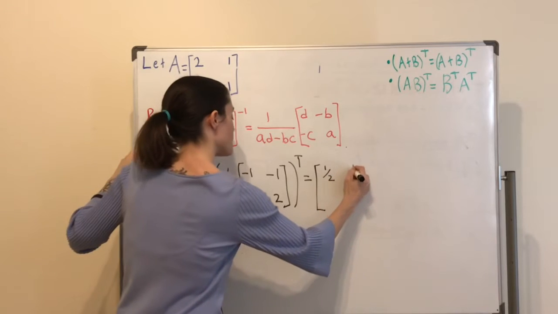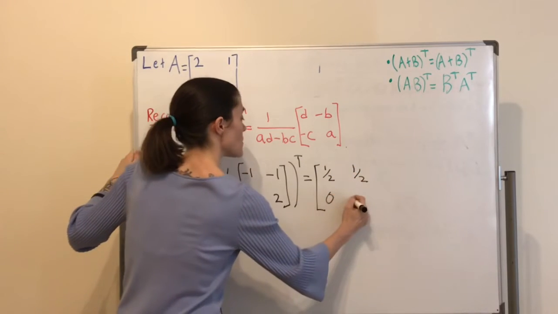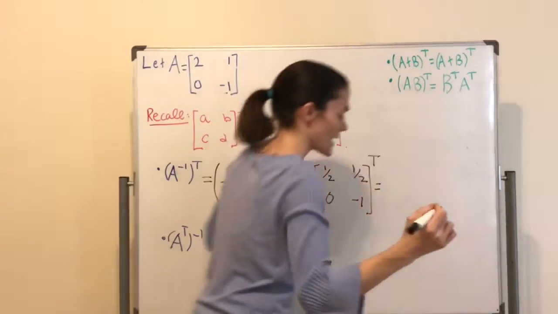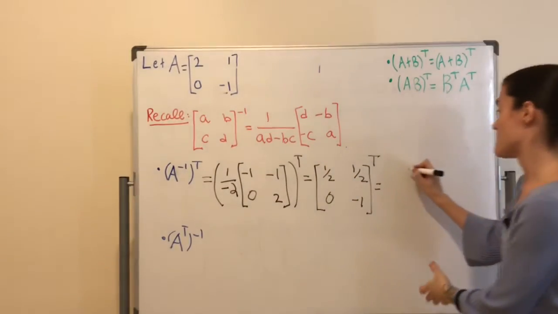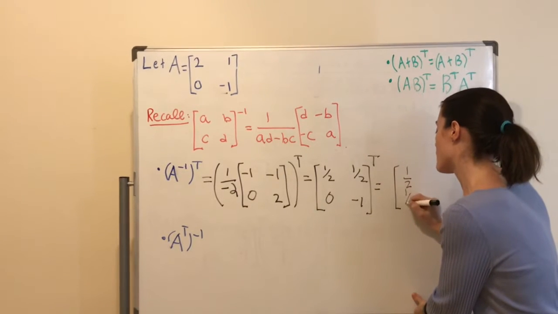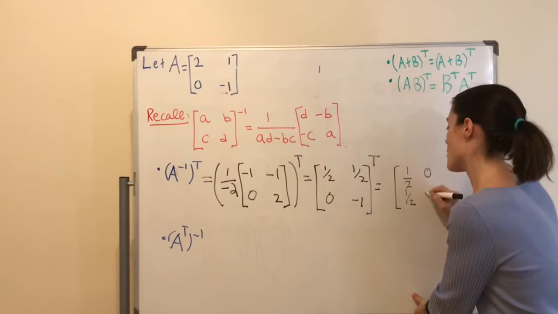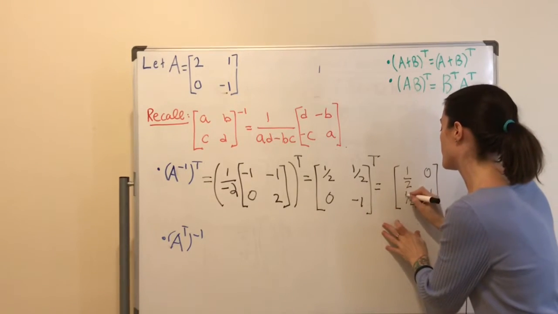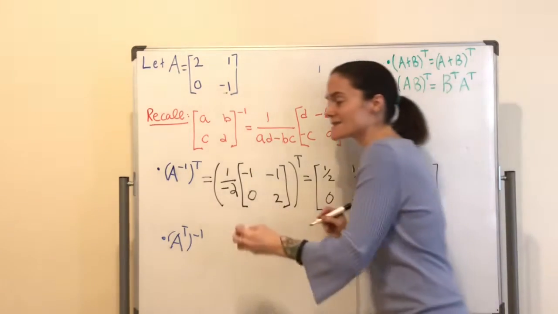This would be a half, this would be a half, this would be 0, this would be -1. And then I take the transpose. Okay, moving over here. Okay, well, this is a half, and then 0, -1. Okay, very nice.